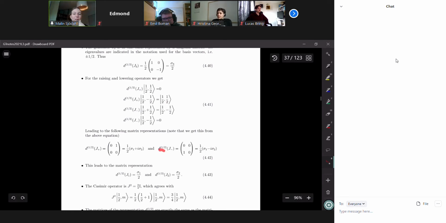And similarly, we find j minus. So we find that we have this form and this form. And then we see that this is actually 1/2 sigma 1 plus i sigma 2.